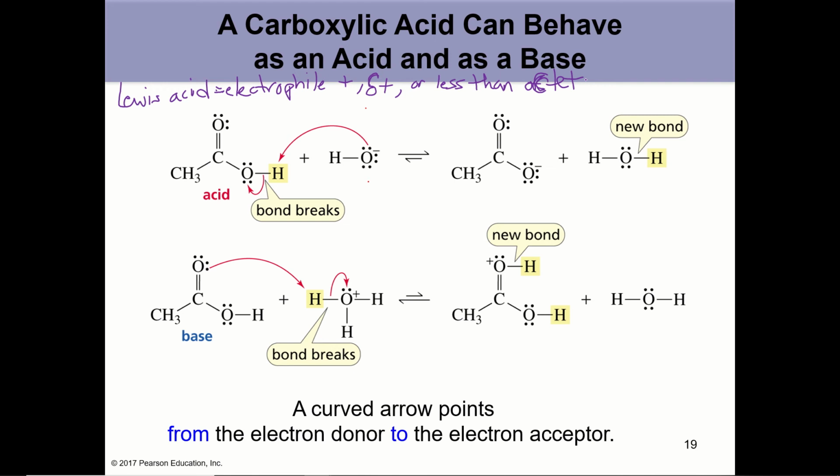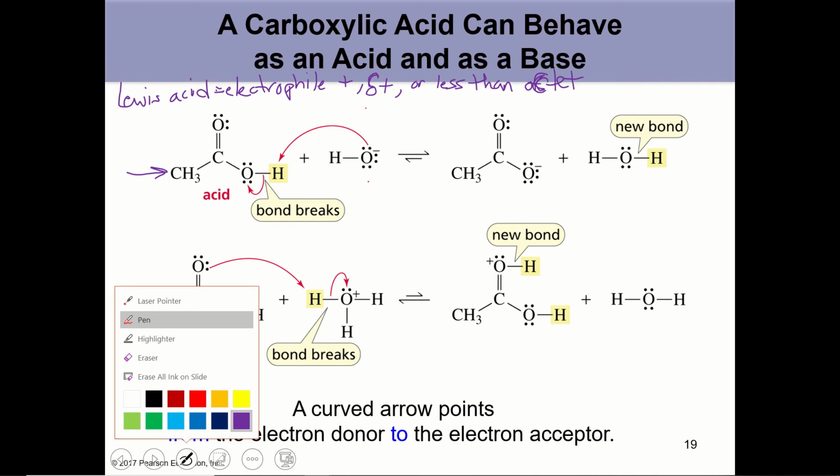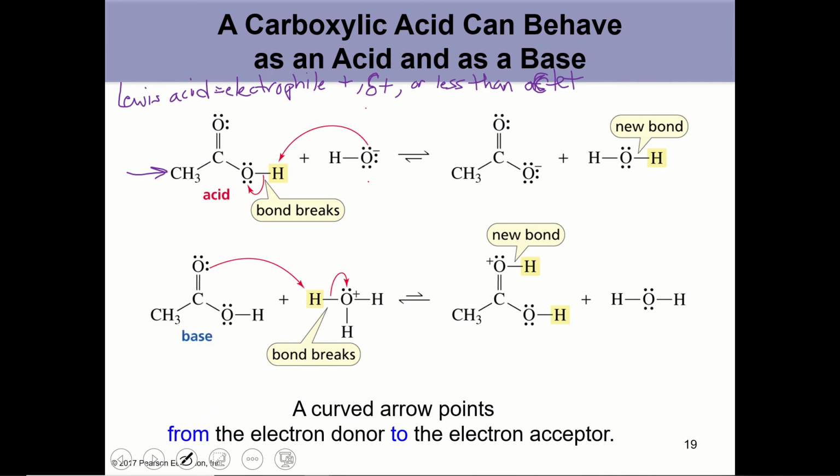And here we have the carboxylic acid listed as an acid, and we can define its behavior by our concepts. So if it's behaving as an acid, it must either be positive, partially positive, or have less than an octet.